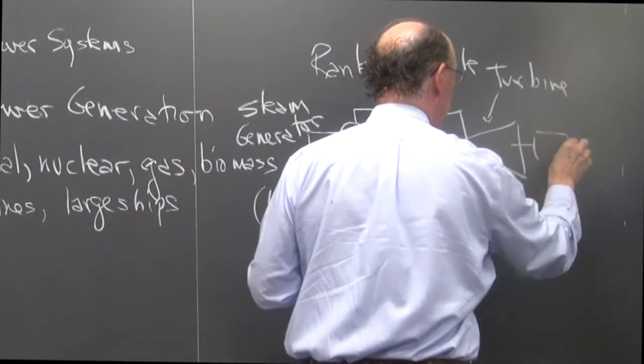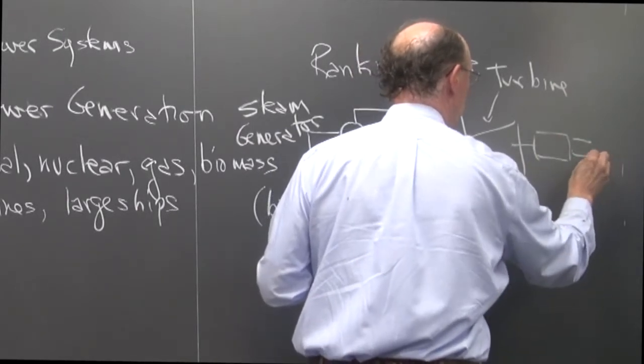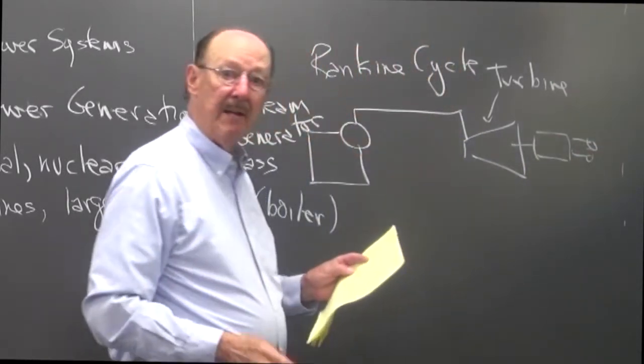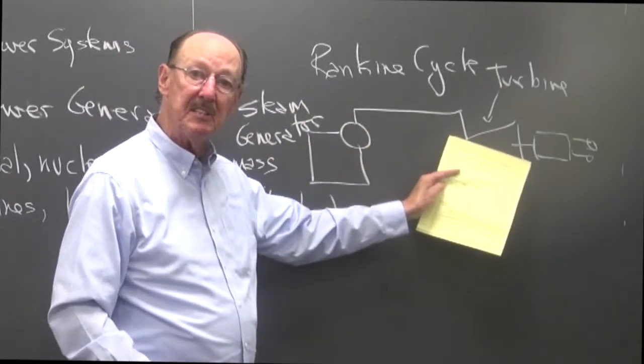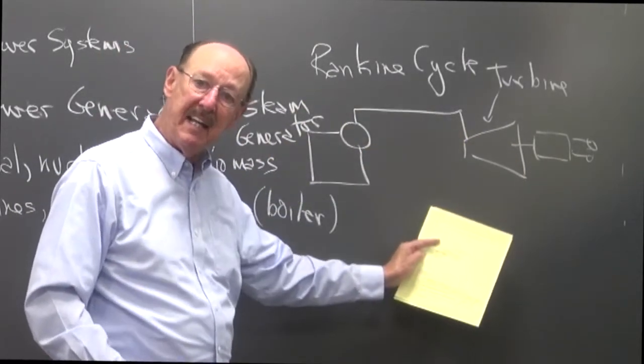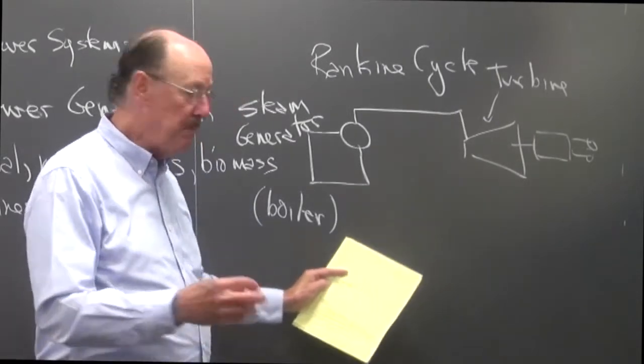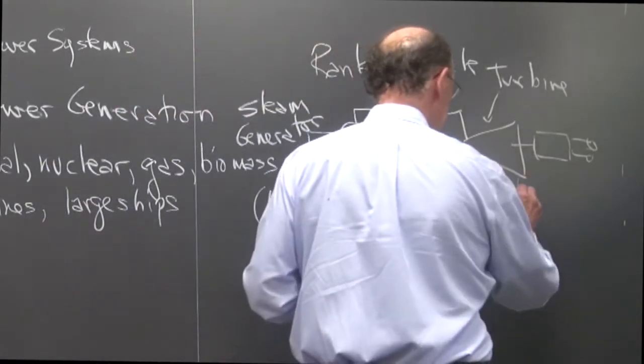So I'm going to have my power come out of here. And of course I have to get the steam back. So I have steam, it goes through and expands, it's still steam. I need to condense it in a condenser and then pump it back. So it goes into a condenser.